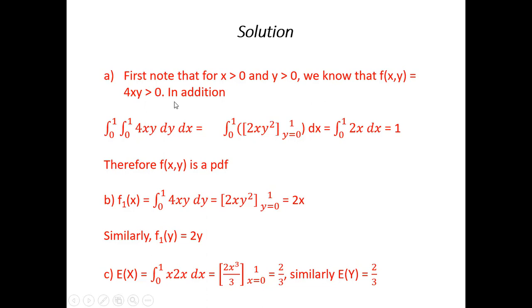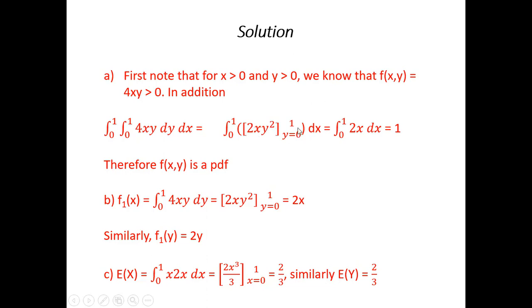If we look at our double integral of the given function, we're integrating from 0 to 1, integral from 0 to 1, 4xy, dy dx. When we integrate with respect to y first, we have 4xy squared over 2, but we can cancel out the 2, so this simplifies to 2xy squared.